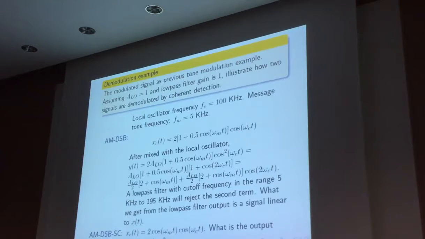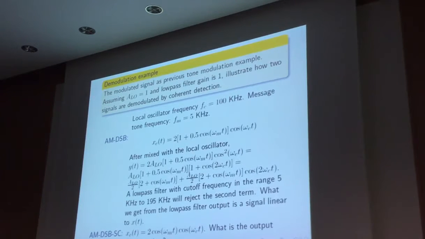Which is supposed to be located at a high frequency end. This is a baseband signal or message. So I can use a low pass filter to reject this component and retain this one. That's how we do the demodulation, recovering the message. Okay?